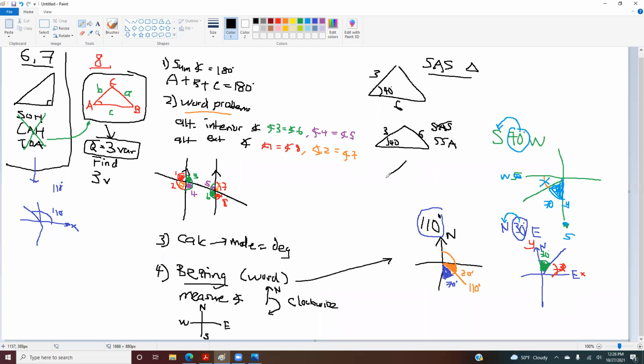Okay. We also have, you guys all right here? To know all your different angles. I can also give you angle A, which is like 10 degrees, a side here of 7, and angle B, let's say, is 70 degrees. So what kind of triangle do we call this? Angle-side-angle.